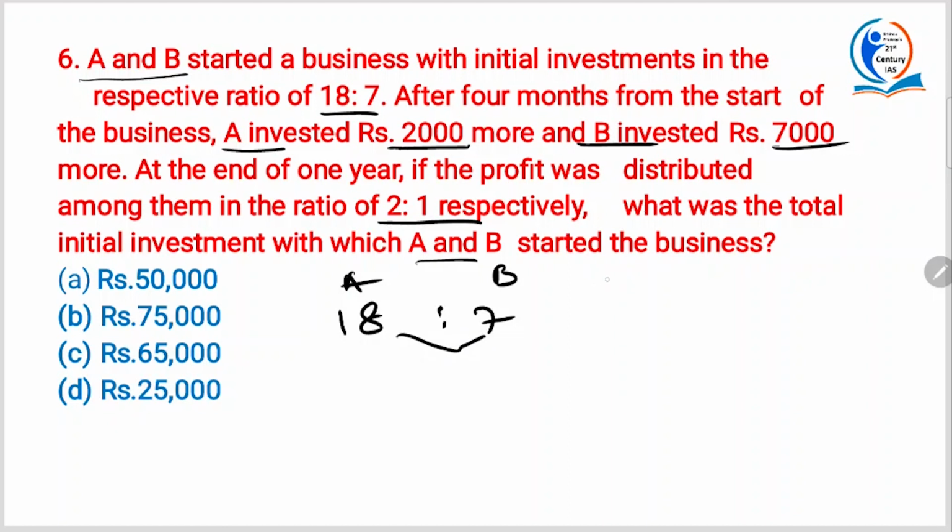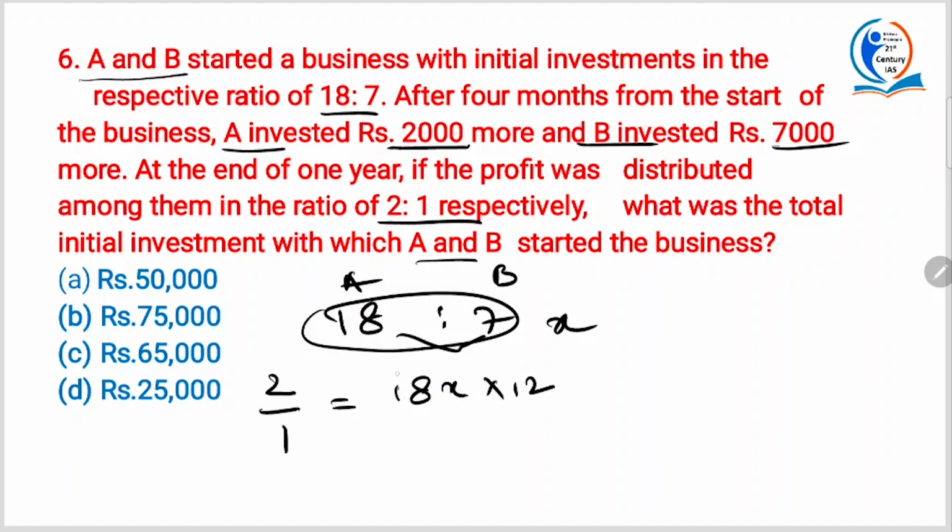Let the common ratio be x. Now, what is the ratio of profits at the end of 1 year? It is 2:1, and this ratio will be equal to the multiplication of the capital and the time period, right? So 18x into 12, because it's invested for 12 months, along with rupees 2000, which was invested for how many months?